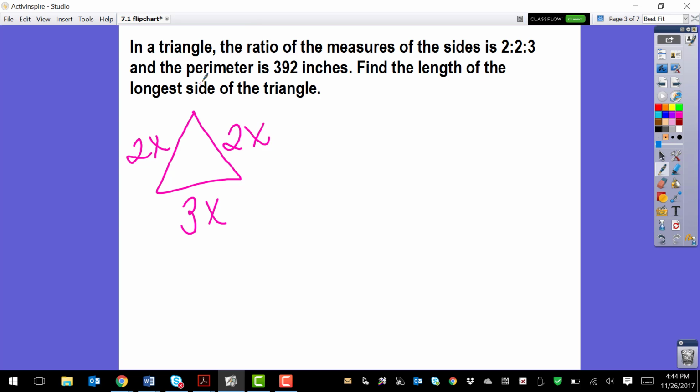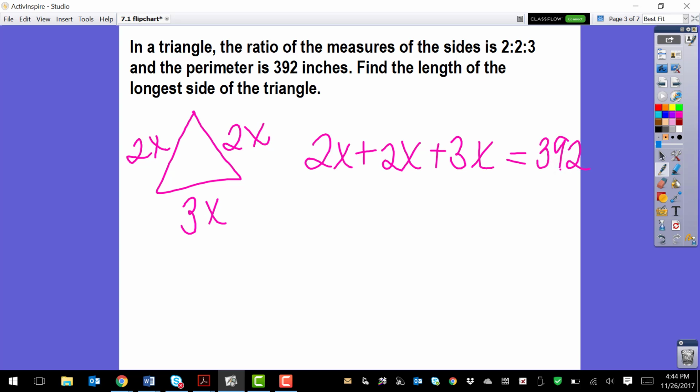Then it tells us the perimeter of this triangle is 392 inches. Perimeter means you add up all the sides. So I'm going to add up all the sides: 2x plus 2x plus 3x. If I add up the three sides of the triangle, that's the perimeter, and it tells me the perimeter is 392 inches. So 2x plus 2x plus 3x is 7x.